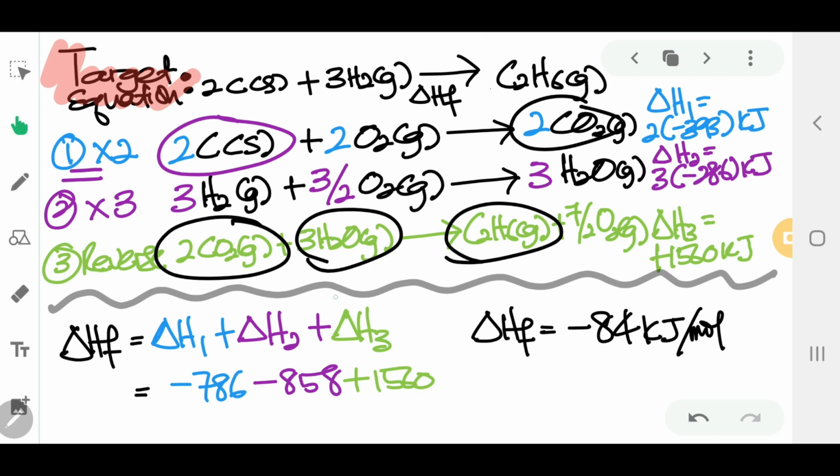Obviously from 2 CO2, you will be making C2H6, which is the end product of the target's equation. So 2 CO2 reacting with water, you're going to make C2H6 right here.